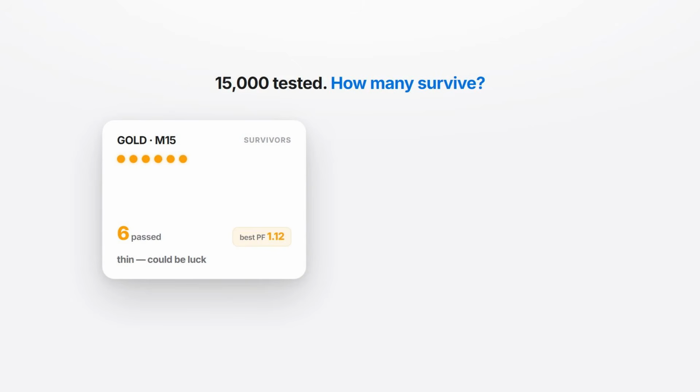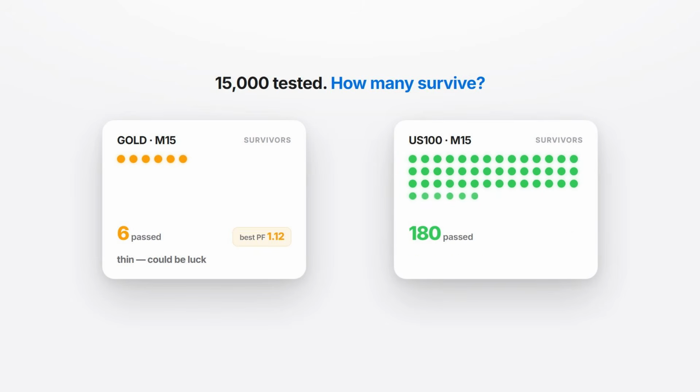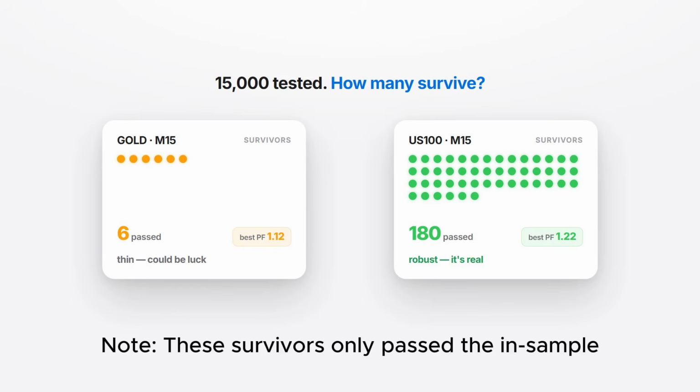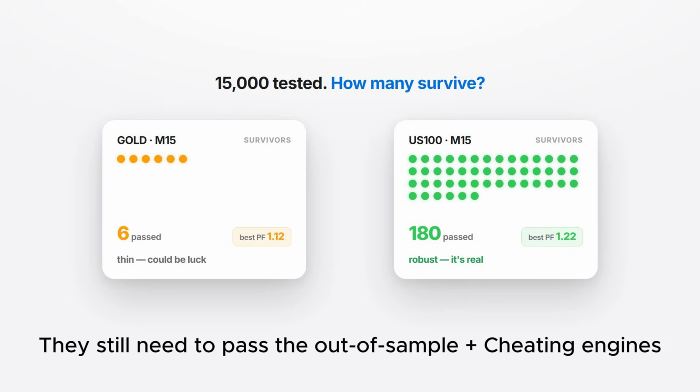You want to see something bigger, something like this. It tells you that this particular strategy on the M15 on US 100 actually works, because a lot of them passed the current metrics, like profit factor above 1 and a couple of other standards that I set.